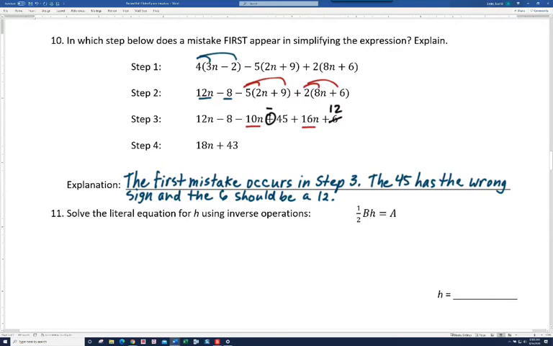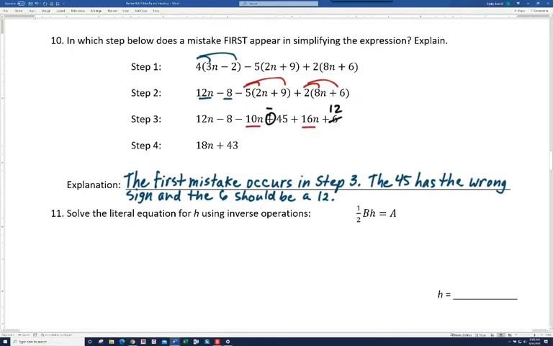So previously we were solving equations and we were getting a number, like x equals negative 5/2. And that was the solution to the equation, the one and only solution. If you went and plugged it back into the original equation, it would make the equation true. That's not what we mean here when we say solve. We're really rearranging the equation so that instead of being solved for a, it's solved for h.